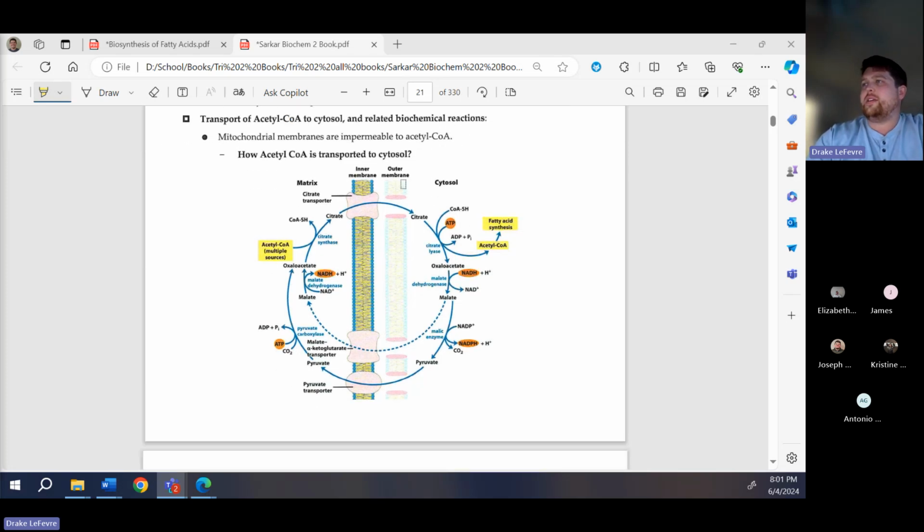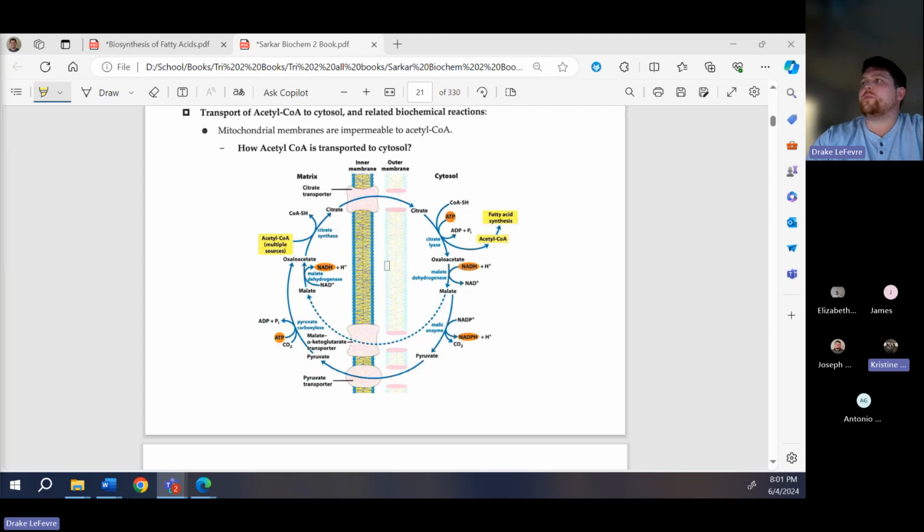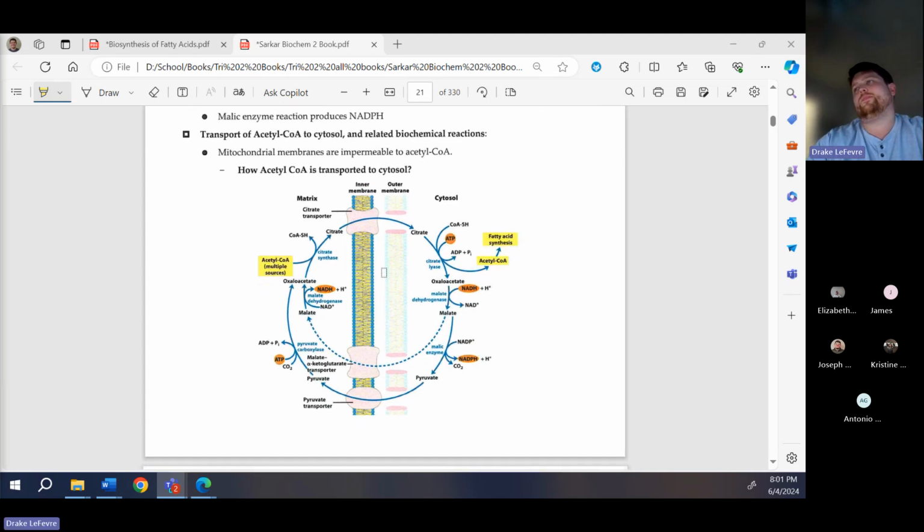Transport of acetyl-CoA. This is one you're going to want to spend a little bit of time and look at that whole process. We'll see if it comes up in a couple of questions so we can go over it a little bit deeper. This is another one you're probably going to want to draw, similar to the malate aspartate shuttle from last trimester.